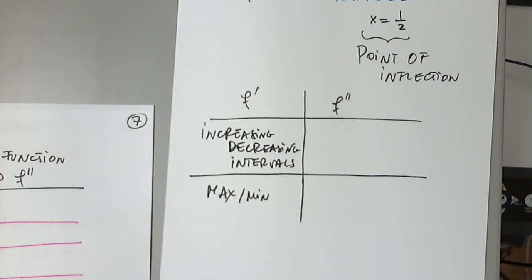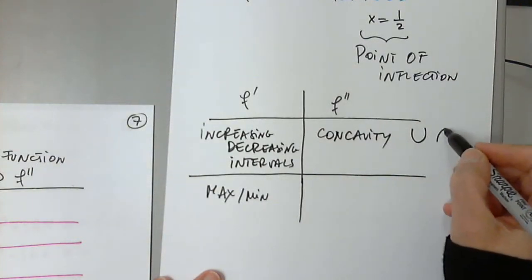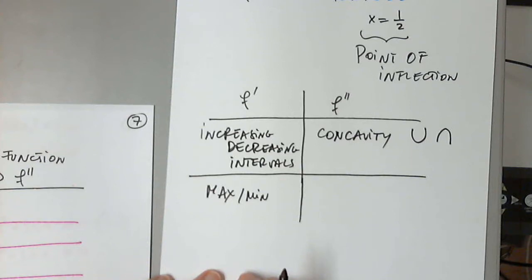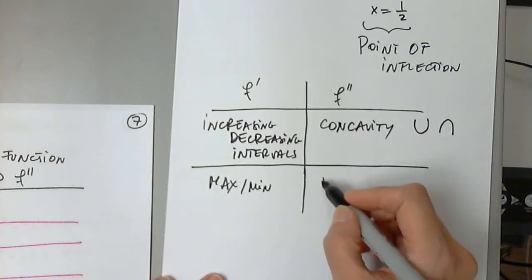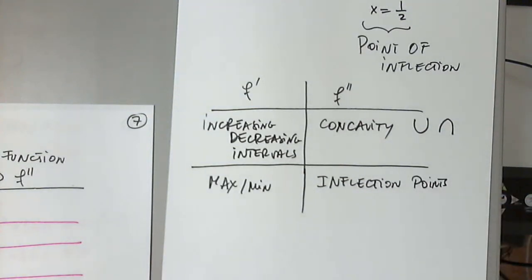From the second derivative we learn concavity, opening upward or opening downward, an inflection point or points. So the first derivative gives us increasing, decreasing intervals. It tells us max min if it changes sign, and of course critical numbers, without which max min don't exist. The second derivative tells us the concavity, if we say the function holds water or it does not. And the inflection point is where the concavity changes.